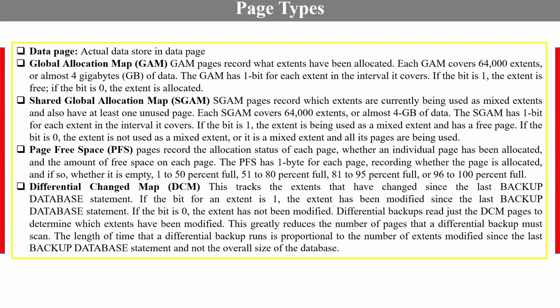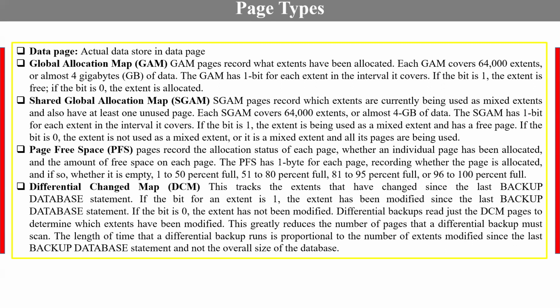I understand the GAM page stores the 4 GB and 64,000 extent information. The information is like a pointer, like 0 1 0 1. But it is only storing the information, not the data, right? As we know, data is stored in the data pages, but GAM is storing the information, so the GAM size will be different.